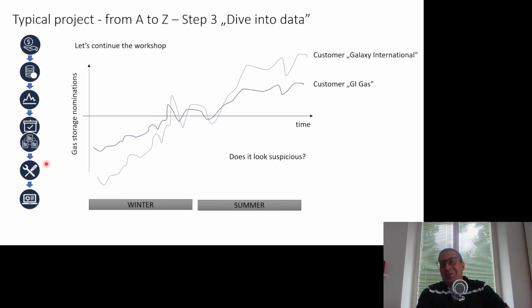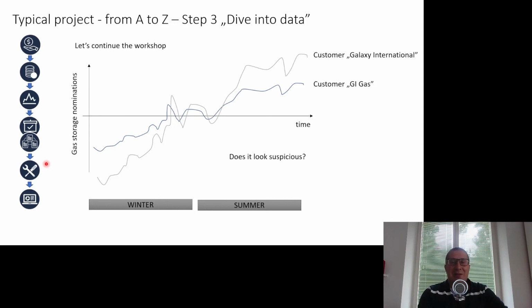It could be that this is the same customer, but let's say they changed the name of this customer in the database. Once in the past it was called Galaxy International, now it's GA Gas, but still they are storing the nominations for him.